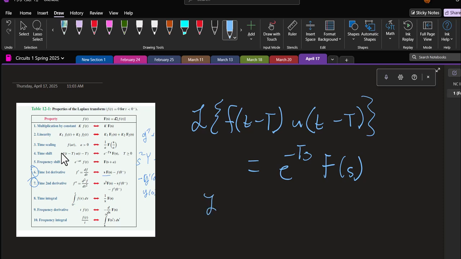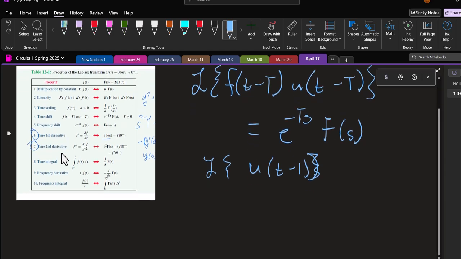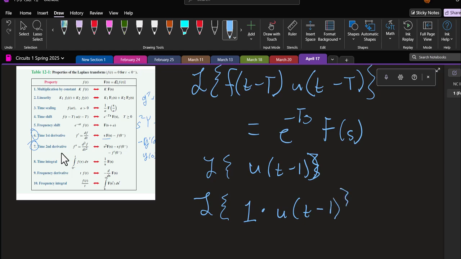And so what I'm trying to take the Laplace transform of is u of t minus 1. So my function, my capital F, is 1 times u of t minus 1.